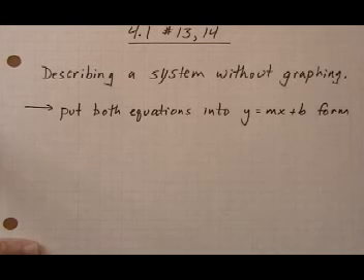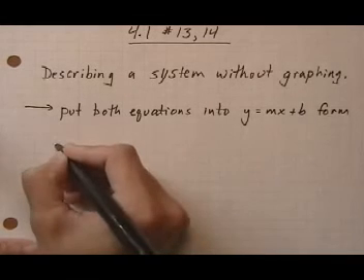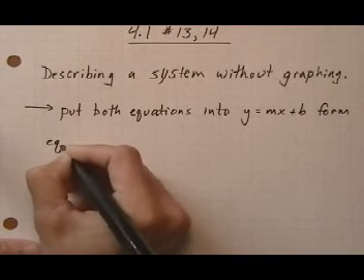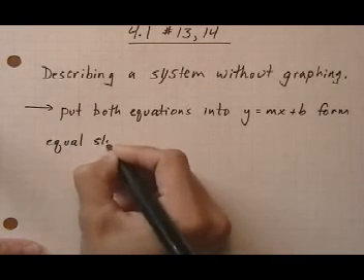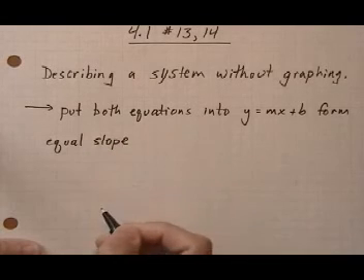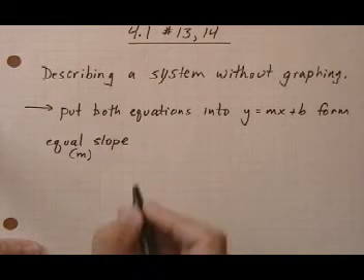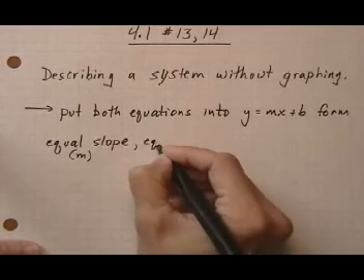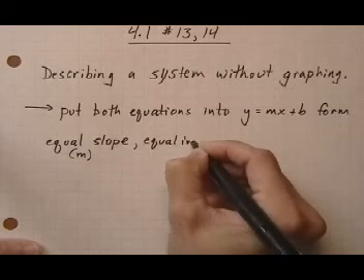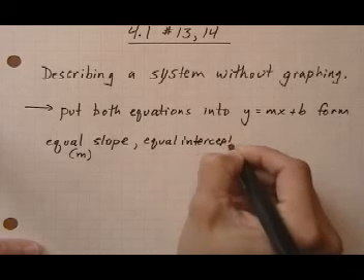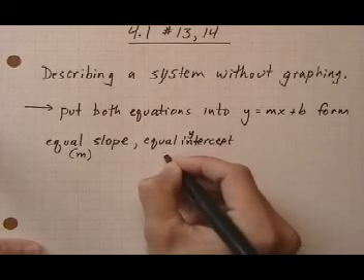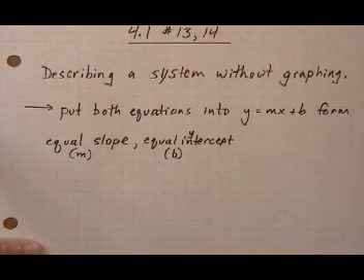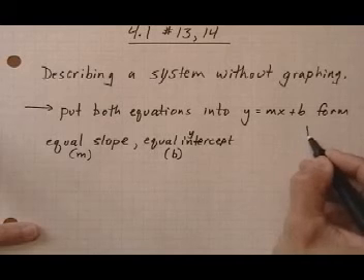the two different equations. So if the two equations come out with equal slope, and remember again that's the m value, and equal intercept, and that's the y-intercept, indicated by the b value, then it's going to look something like this.